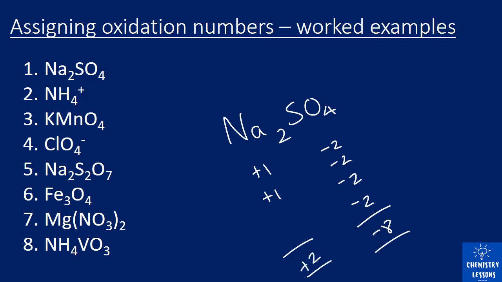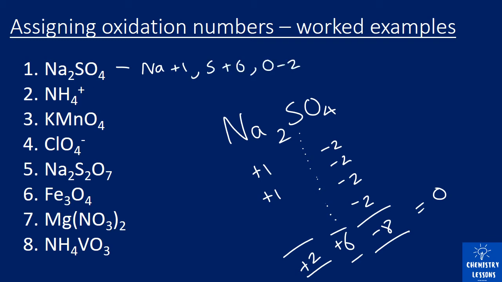The sodium adds up to +2, and the overall charge must be 0. Therefore, the oxidation state of sulfur must be +6. So we've assigned oxidation states here: sodium is +1, sulfur is +6, and oxygen is -2.